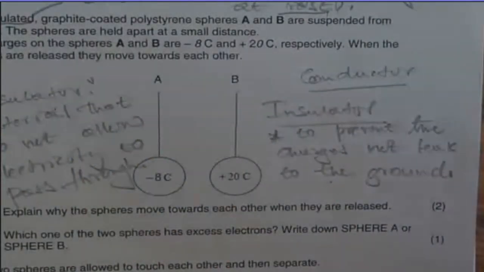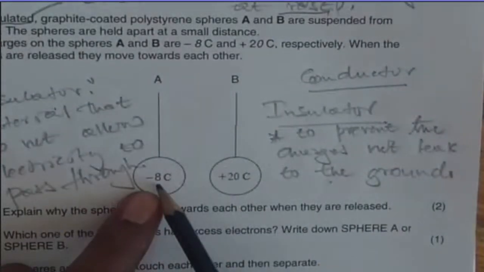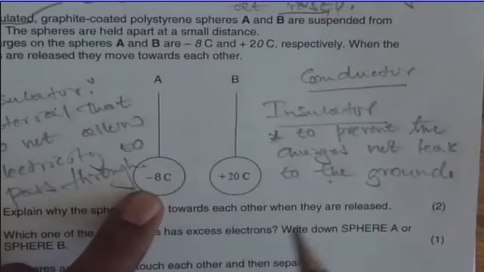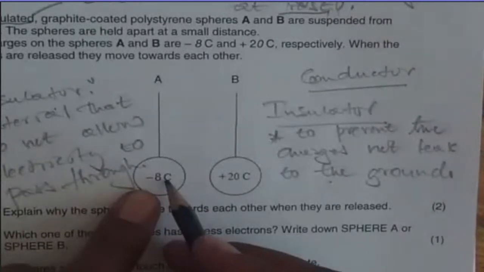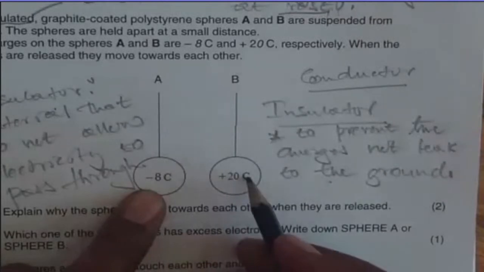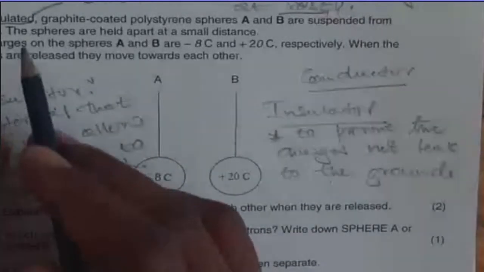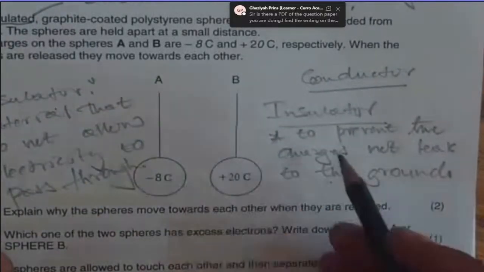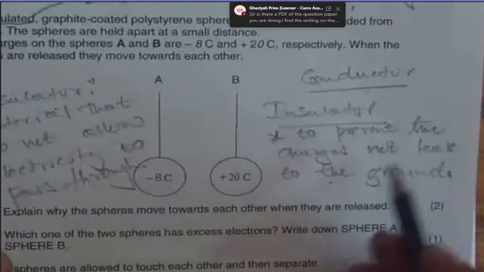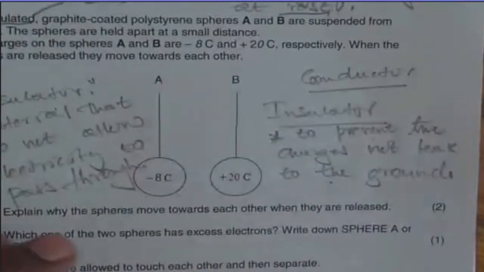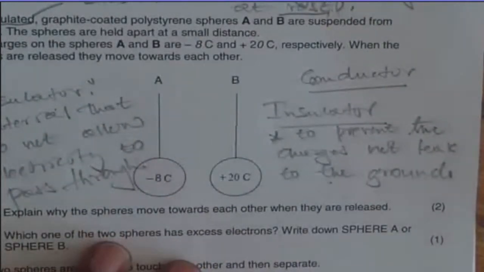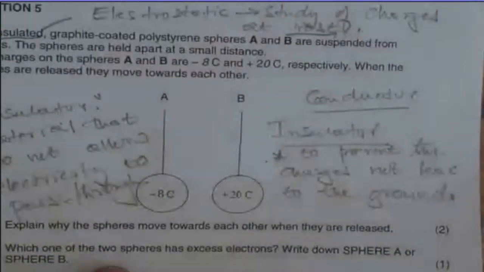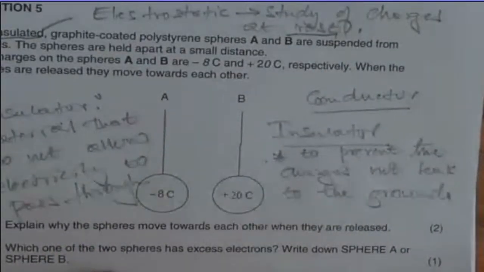So now I'm having two charges as indicated in the diagram here: -8 coulomb and +20 coulomb. Because of this insulator, I'm using it so as to prevent the charges from leaking to the ground. That is very important for electrostatics.